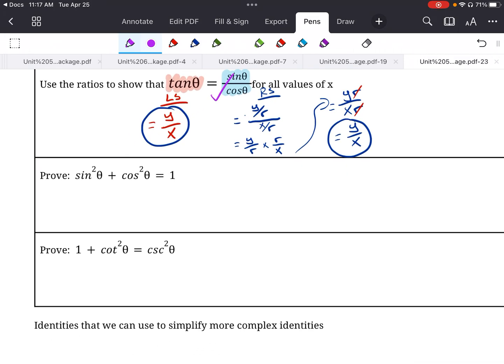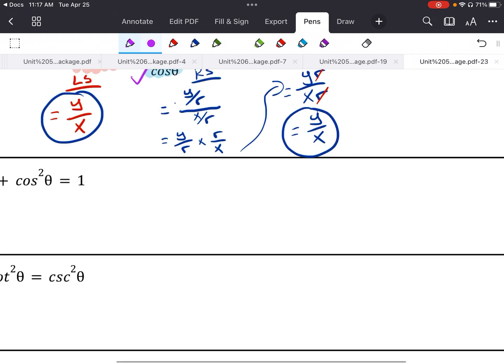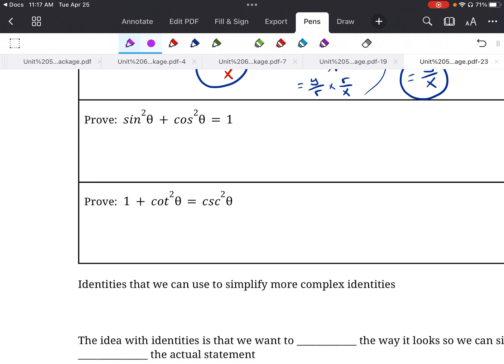Okay, now we'll do the same thing with sine squared plus cos squared equaling 1. There's nothing to do on the right side, so I'm going to work with just the left side. So sine squared, we know that sine is y over r, and squared means multiplied twice, and cos is x over r.